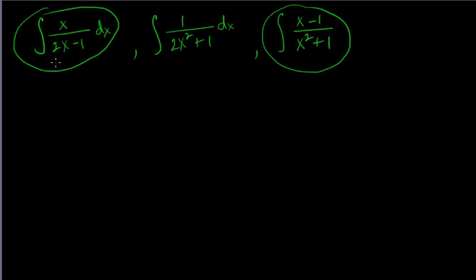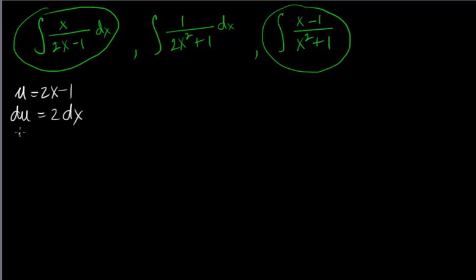I don't like the 2x minus 1 in the denominator. It's not a natural log because it's not 1 over 2x minus 1, and I can't split using the denominator, so I'm going to name it away. I'm going to let u be 2x minus 1. Du then is 2 dx, and I want to solve for each of the parts and put this in terms of u.